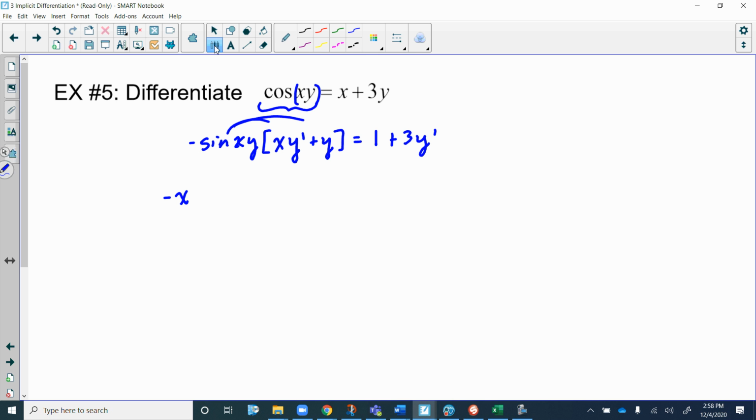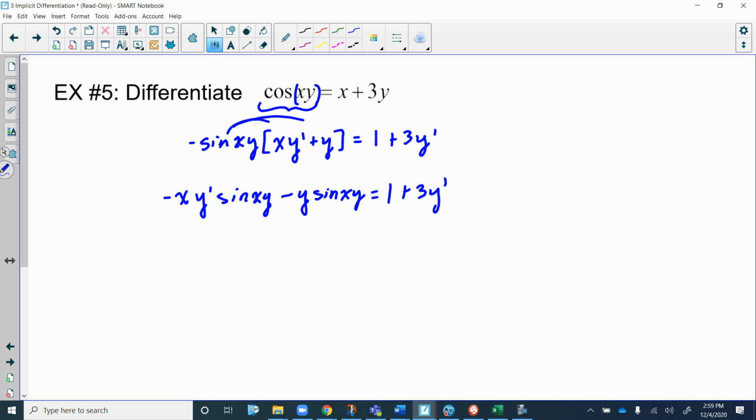So that'll be negative x y prime times the sine of xy minus y times the sine of xy to be equal to 1 plus 3y prime.